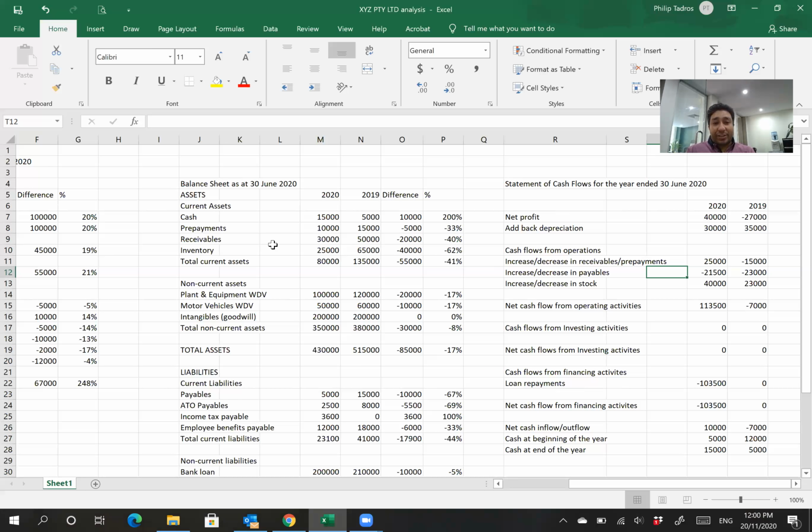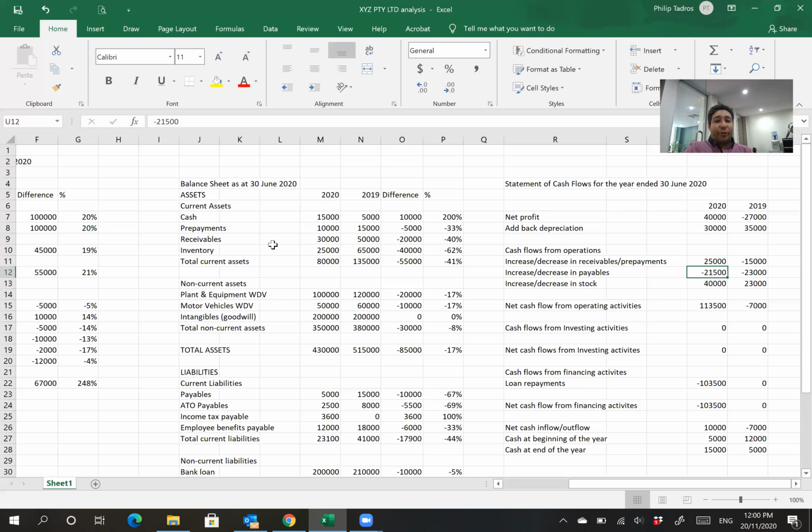If your trade debtors are decreasing, it may be seen that you're receiving cash from your customers a lot quicker, and that you're receiving them timely. So a decrease in a current asset, so receivables, prepayments, stock, is represented by a positive amount, which means your cash flows from operating activities increases.